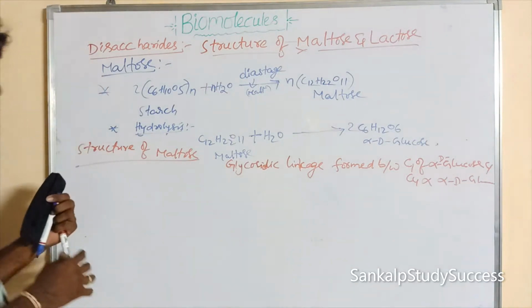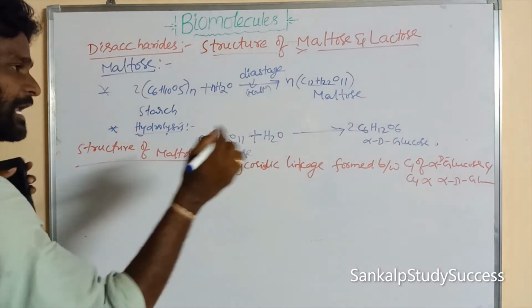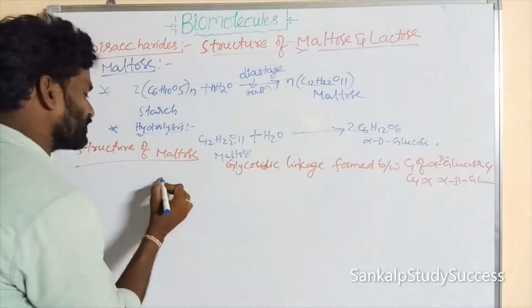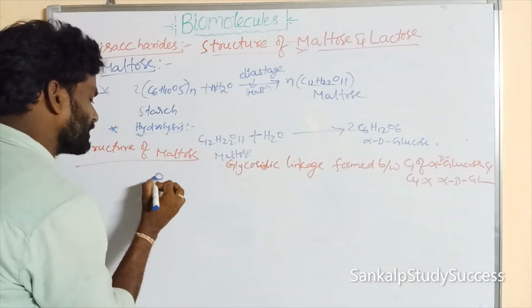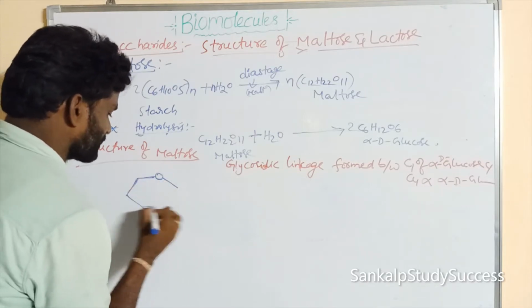Now we can take the alpha D glucose units, which can be written in the Haworth structure. We know the Haworth structure. So this is the Haworth structure.